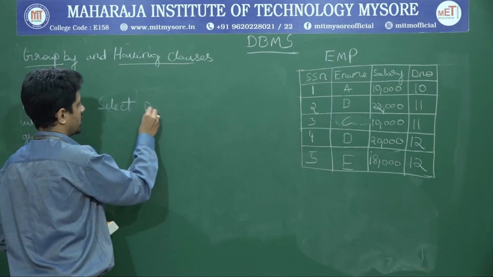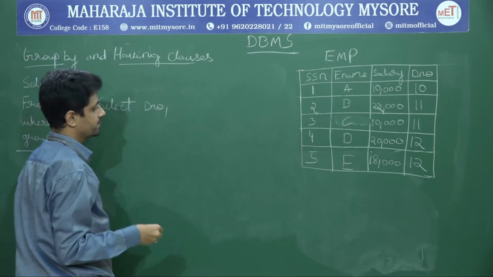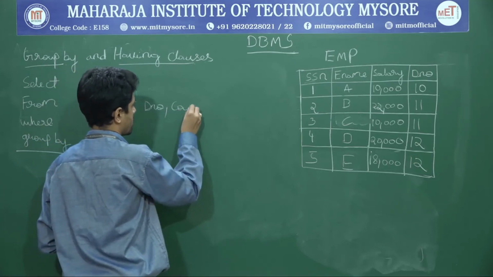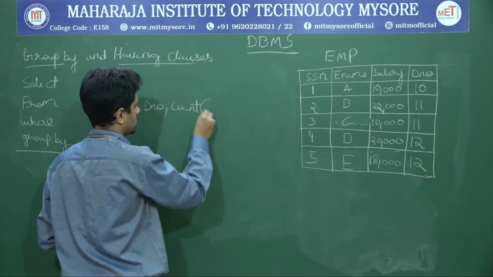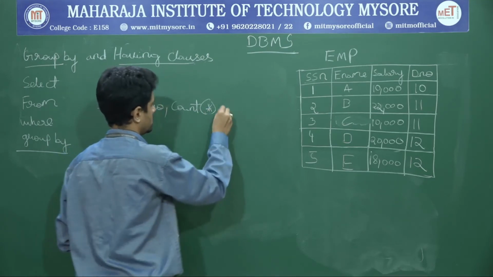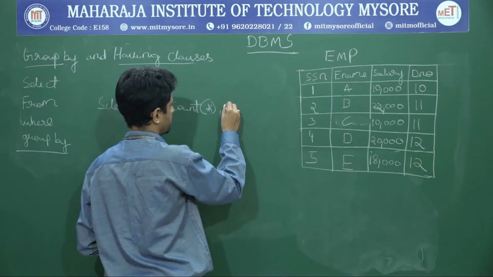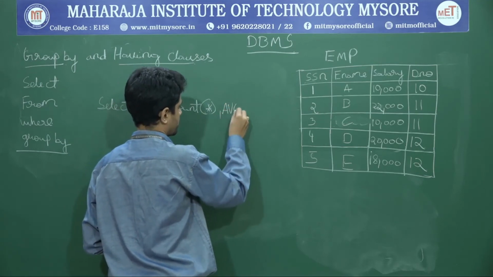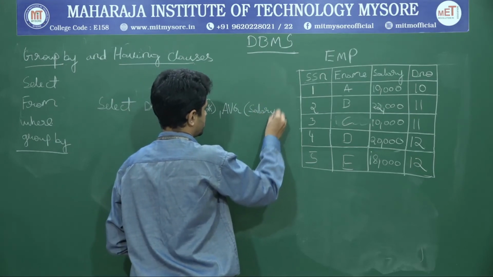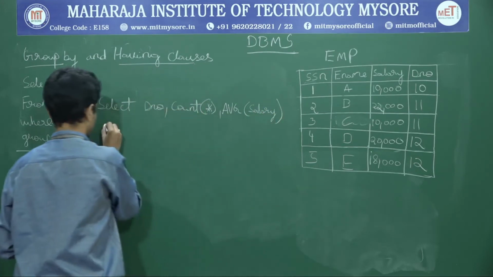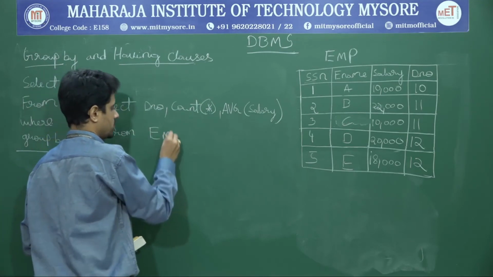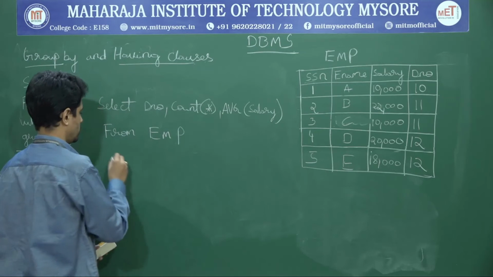Select, I want the department number to be displayed, then we want count star, then we have average of salary from EMP.